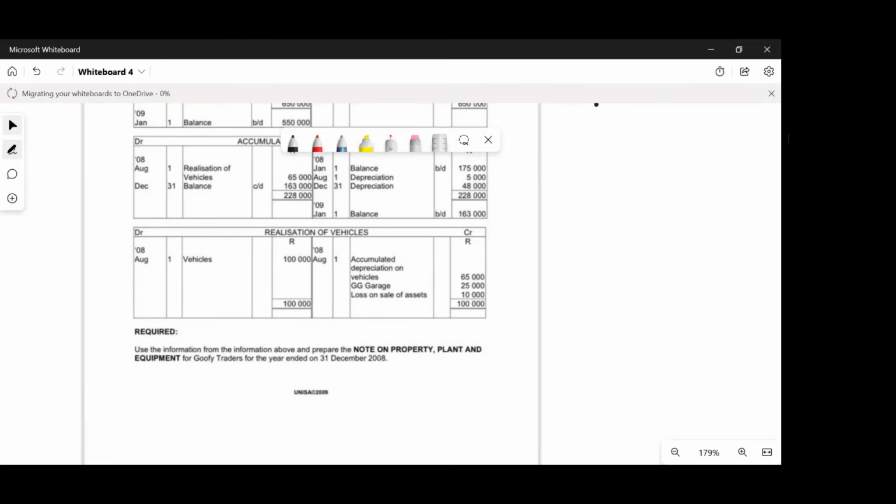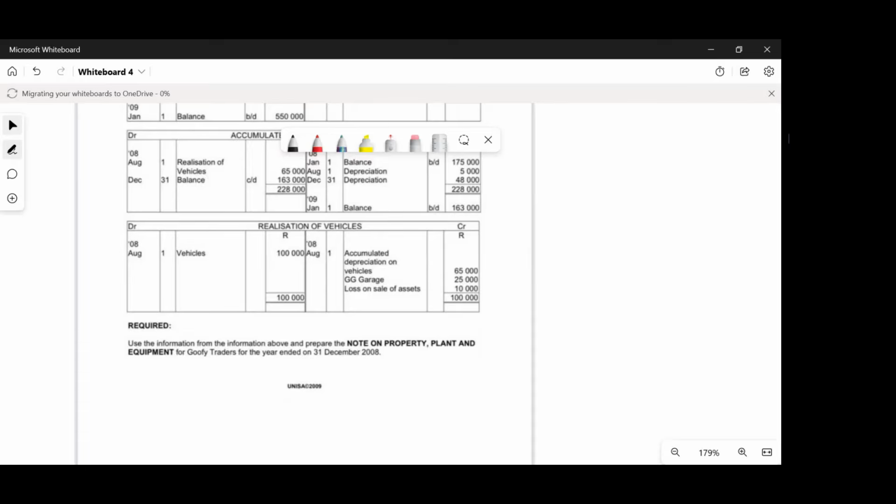Then it says use the information above and prepare the note of property, plant, and equipment for Goofy Traders for the year ended 31 December 2008.